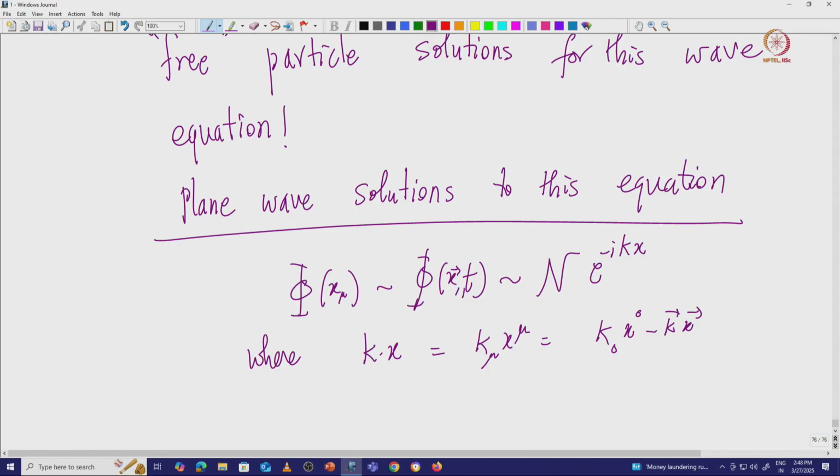Here k 0 is nothing but energy, with P identified as h cross k, and x 0 is time. So this is e power minus i times E t minus k bar dot x bar.